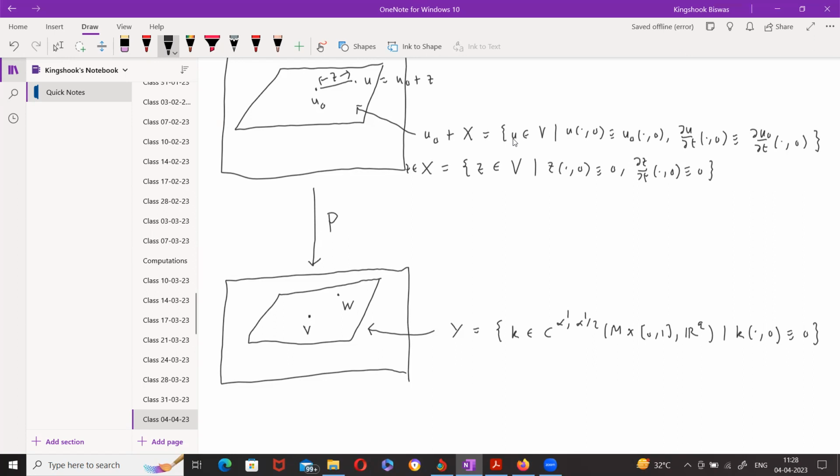And then the point is that if I look at this map P restricted to this affine subspace, this takes values in this subspace Y. P of U naught belongs to Y, because it is 0 at time 0.